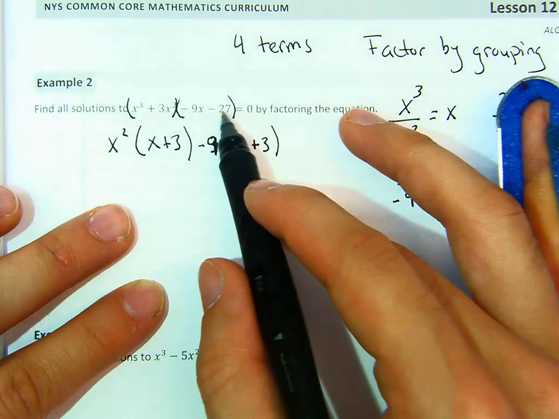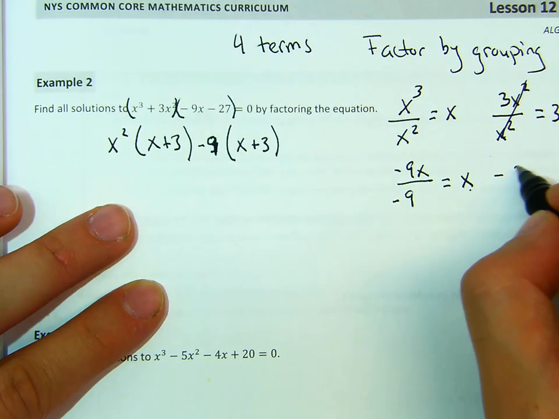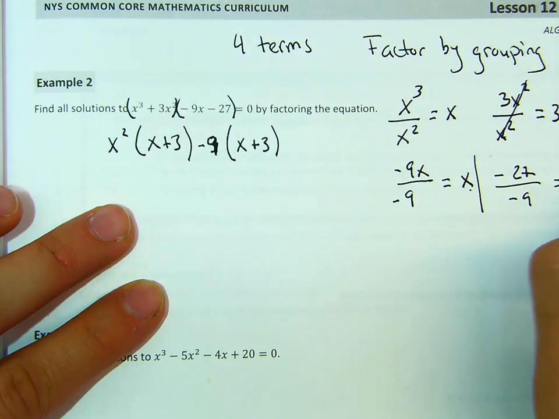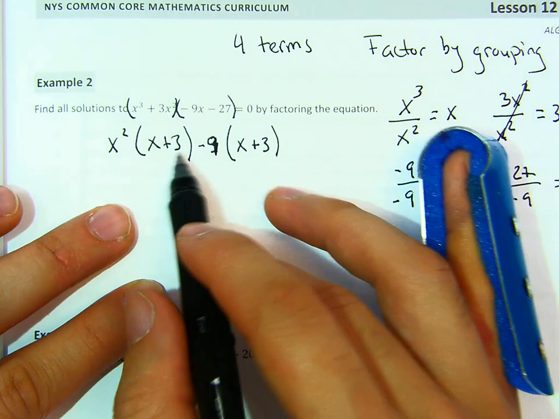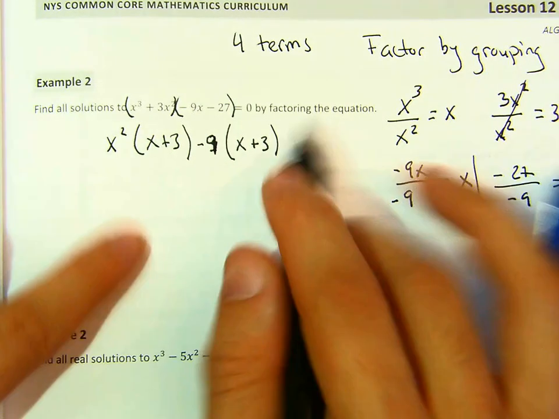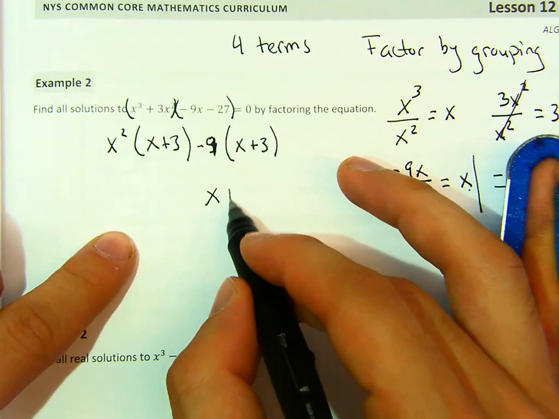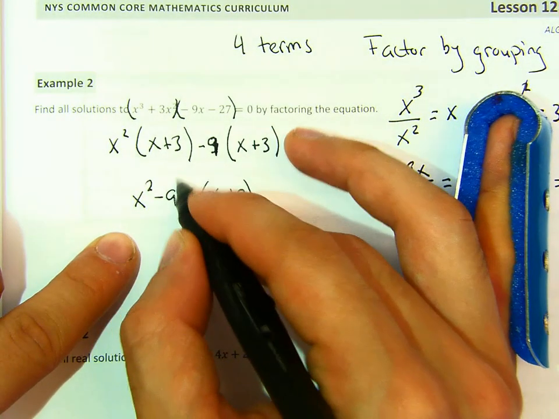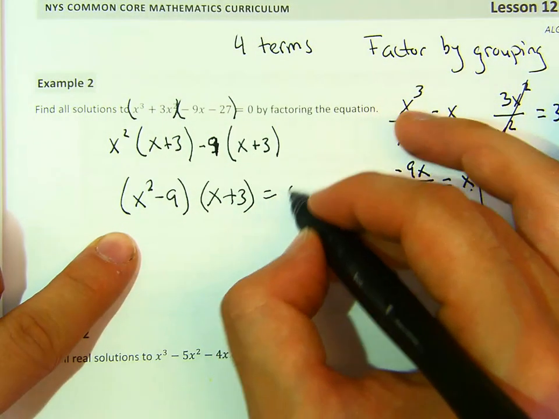If I do negative 27 divided by negative 9, this is 3, and I get this here. And notice that once we have x plus 3 together, this becomes x plus 3, and this becomes x squared minus 9. Okay, and this equals 0.